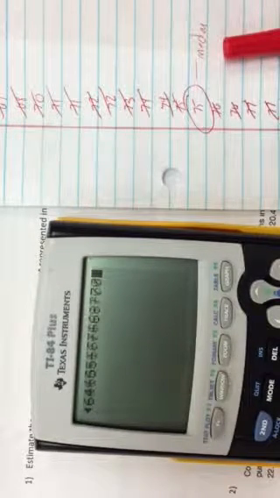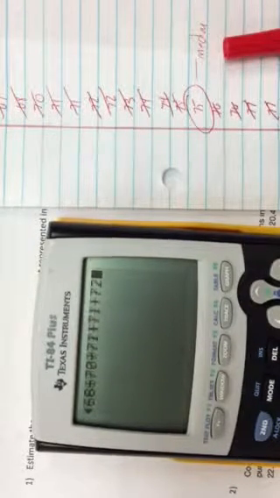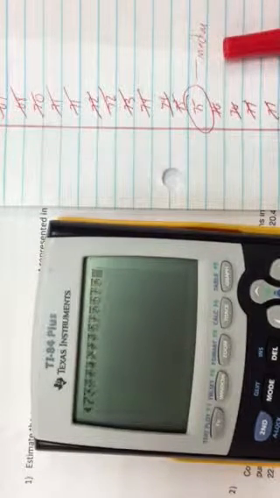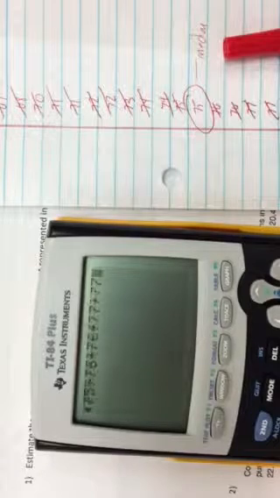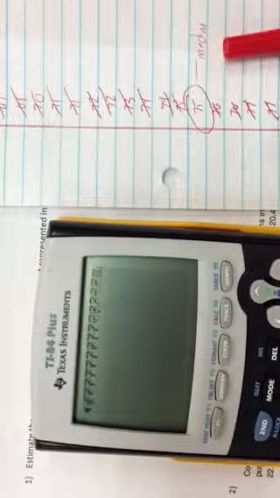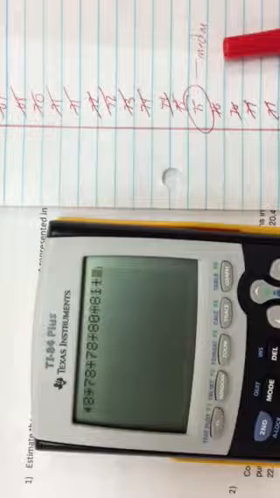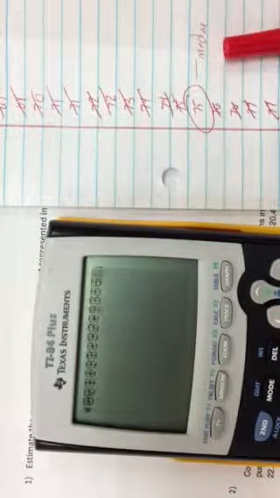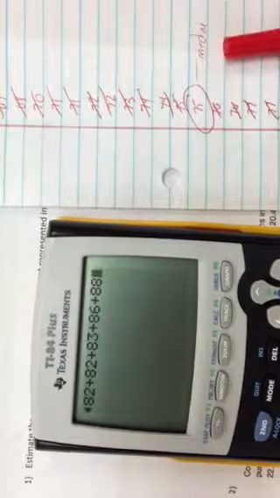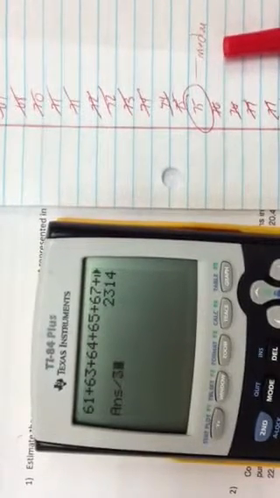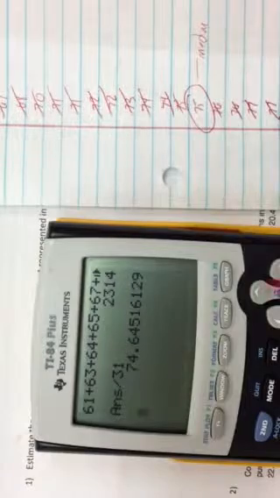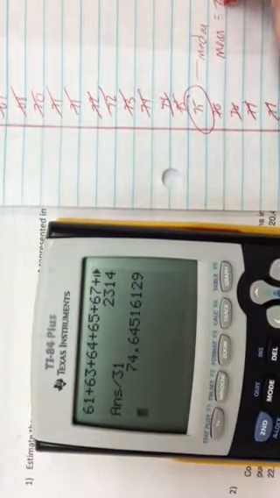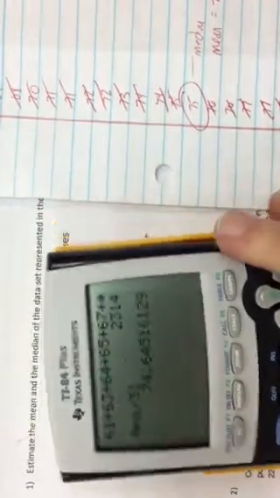So we're adding all of them up, and then dividing by how many there are. And if I didn't make any mistakes, our mean is about 74.6, which is about 75.